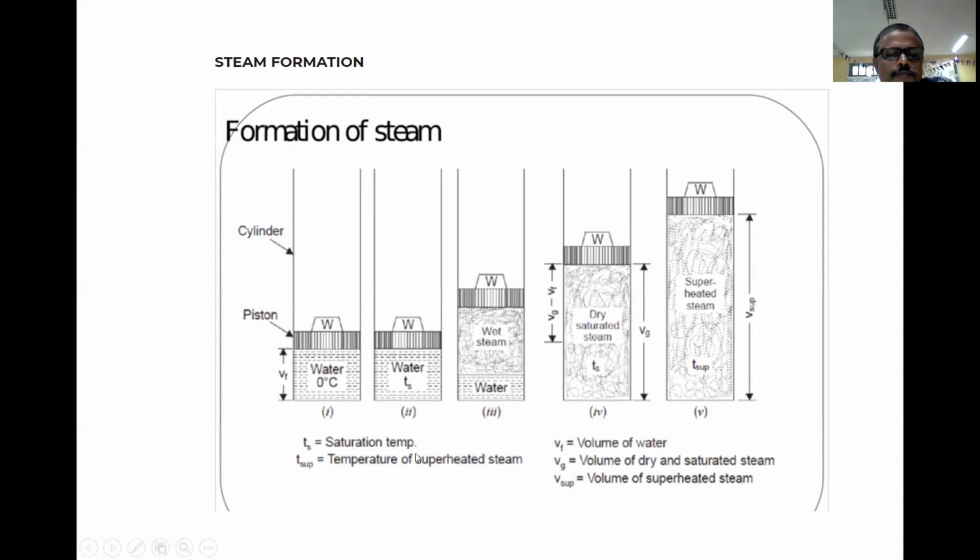Then you have T superheated, which is the temperature of the superheated steam. Then there is VG, the volume of dry steam or volume of saturated steam. Then there is V super, that is volume of superheated steam. So these are the notations used in this diagram.